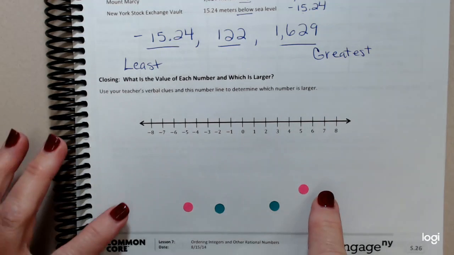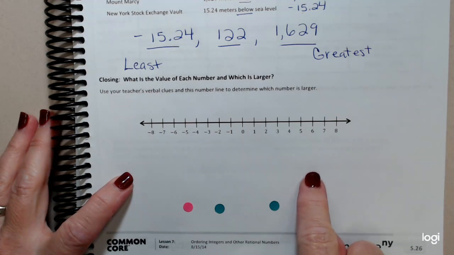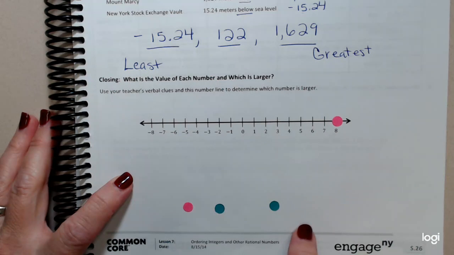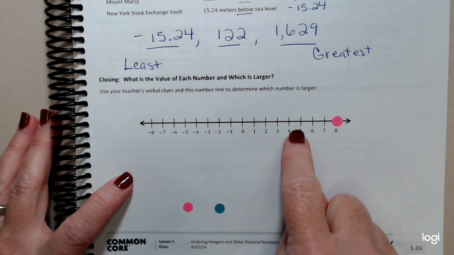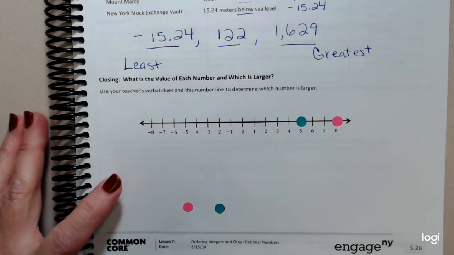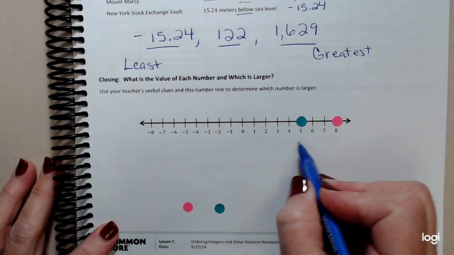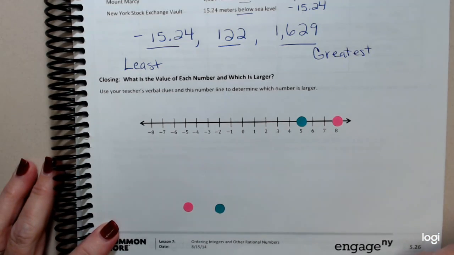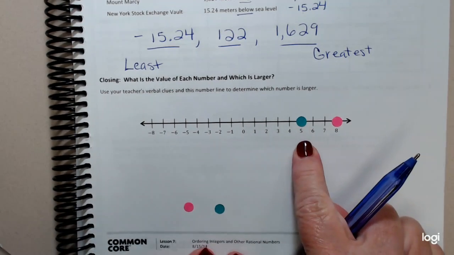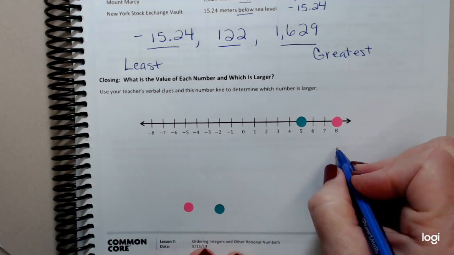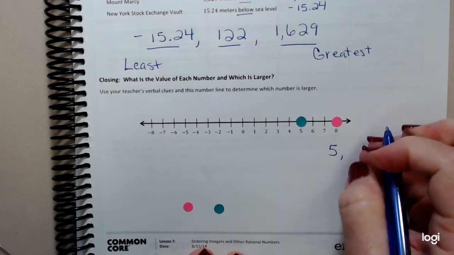I'm going to say that pink is going to go here for 8, and blue I'm going to put at 5. Okay, so there's my two spots. Now, if I put these two numbers in order from least to greatest, which one's the smallest number? Well, 5 is obviously the smallest number because it's on the left side, and 8 is larger.